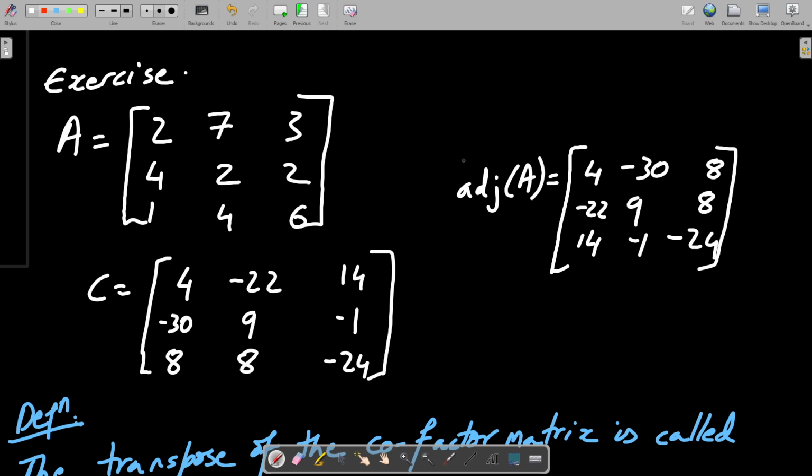Huh? Oh yeah, transpose काढपाचं. Done? वेगळी बरोबर का? So let's go further.